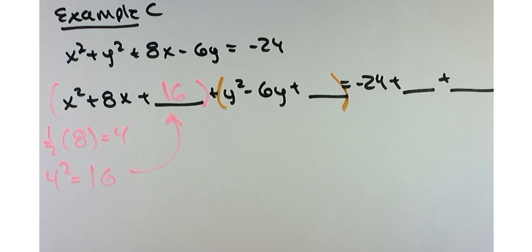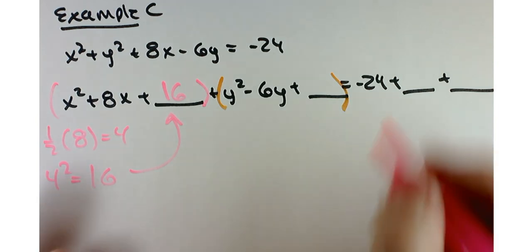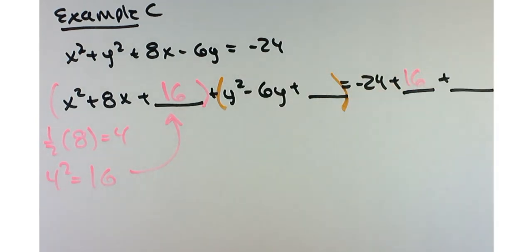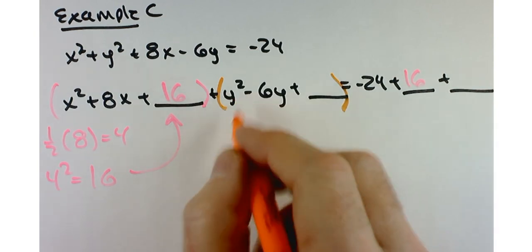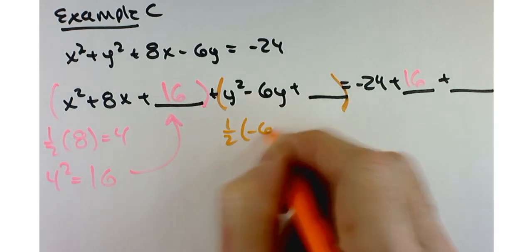But what else do I need to do? Add it to the left side. Yeah, you have to add 16 to the right-hand side, because if you add something to the left-hand side, you have to add it to the right-hand side. Let's try that again with this one. Or maybe you can try it.